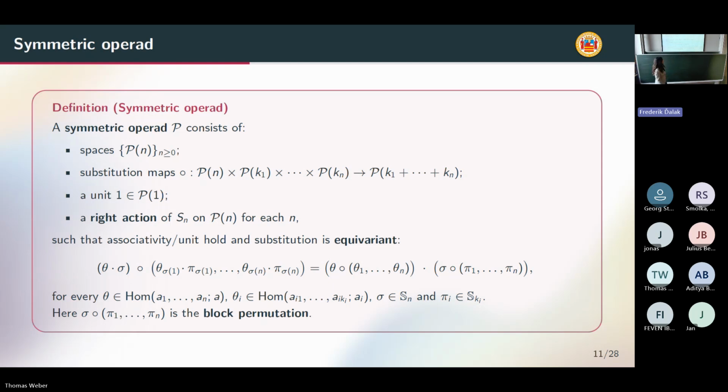I know that it can look a little bit difficult to read, but it is really simple because it is just saying that composing and then permuting is the same as permuting and then composing in the right way. But if we have enough time, I can come back to it after introducing operadic trees, and I can try to give you a visual representation of this formula, which is actually very simple and natural, easy to understand.